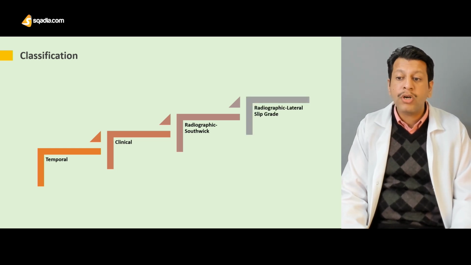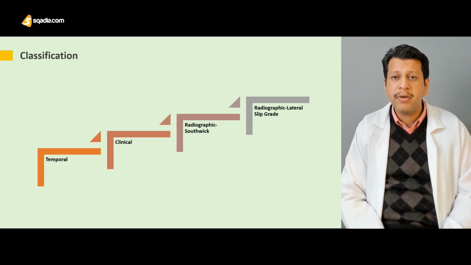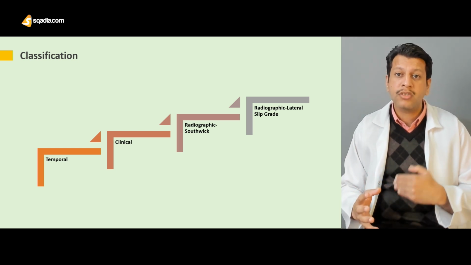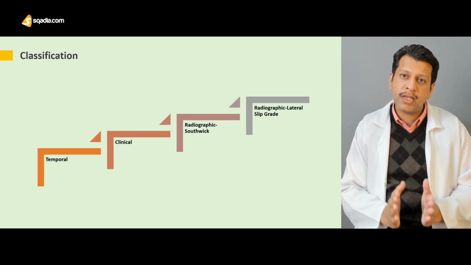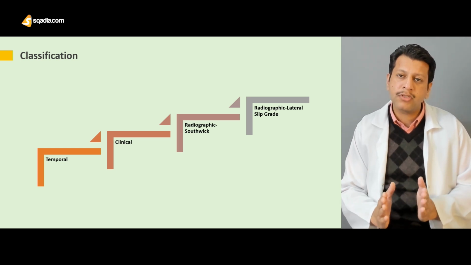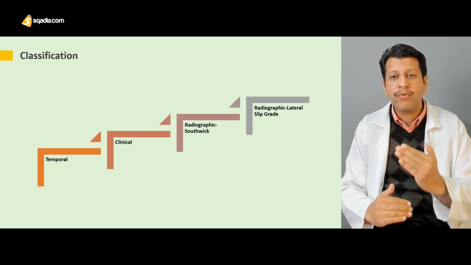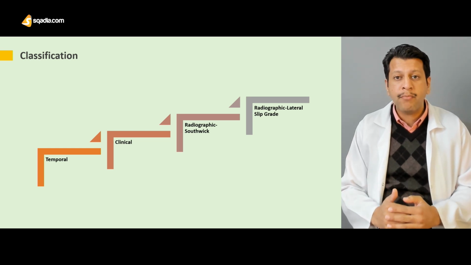Then there are also radiographic lateral slip grades. It can be divided into grades 1, 2, and 3. That classification is based on the slippage: how much slip is there? If the slippage is from almost 0 to 33%, this is termed grade 1. If the slip is from 34 to 50%, this is termed grade 2, and more than 50% slip is termed grade 3.